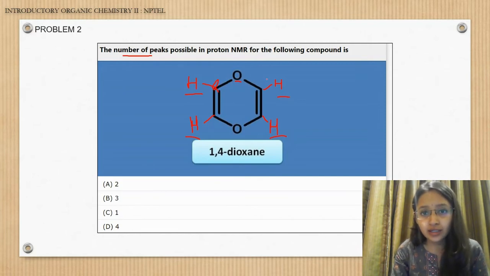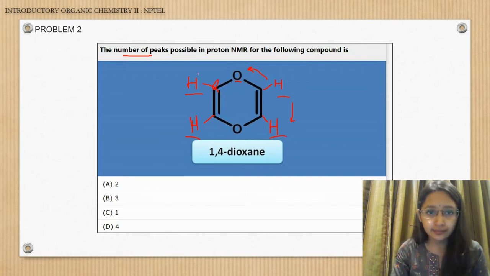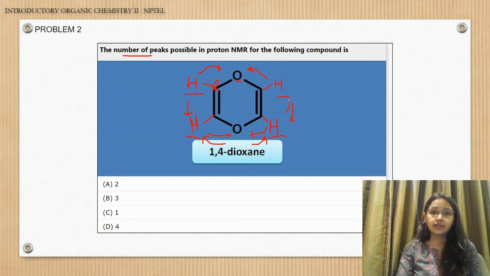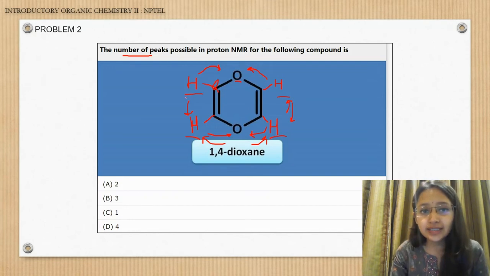Again for this proton, the oxygen and hydrogen environment, and for this proton as well. Okay, so these protons all have the same environment.